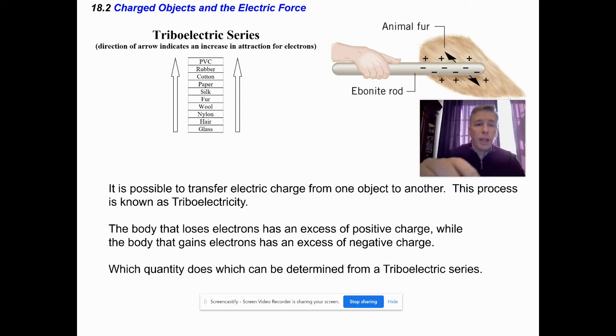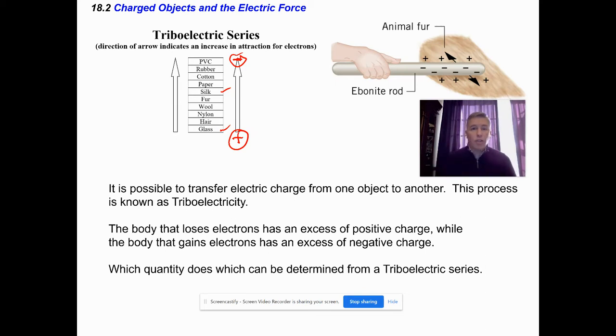And we can look at a triboelectric series here. For example, in this one, the top is going to be negative objects, and the bottom is going to be positive objects. So if I were to take, say, glass and rub it against silk, the glass is going to become positively charged, and the silk would be negatively charged.